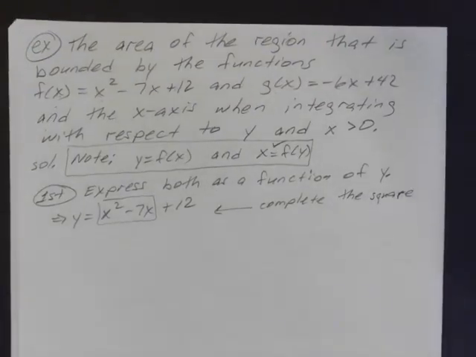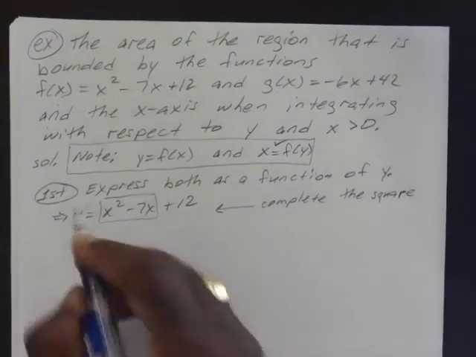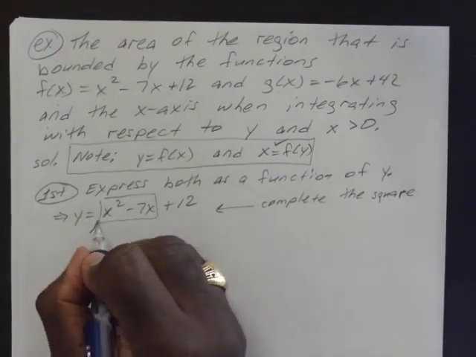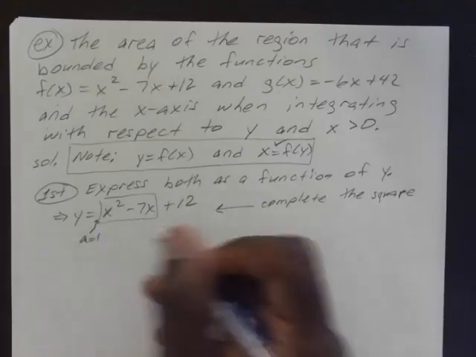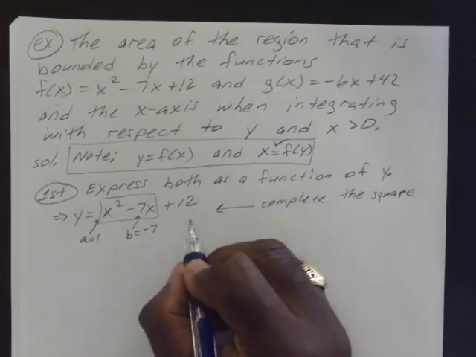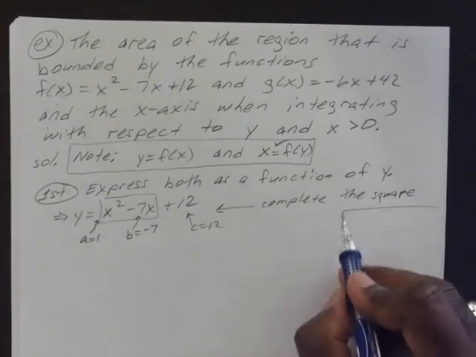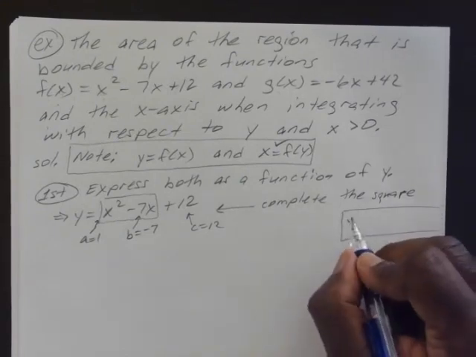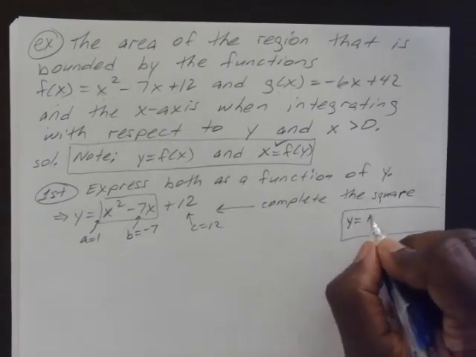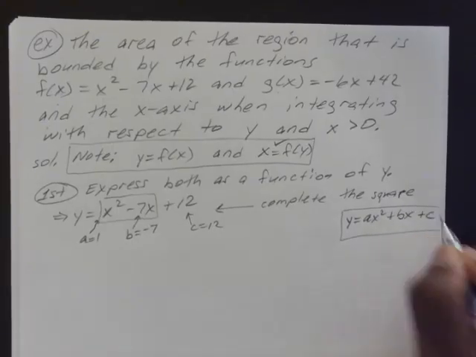Not the only way to do it, but probably the one that is the least amount of work. Okay, so we know that for this function, a is equal to 1, b is equal to -7, and c is equal to 12, because it is in the form y equals ax squared plus bx plus c.